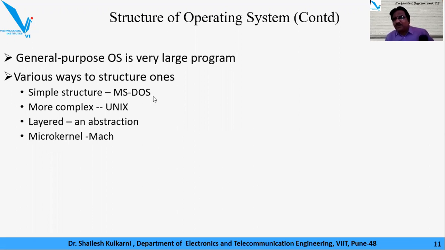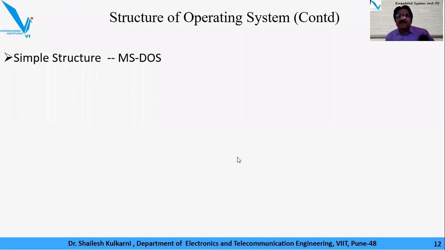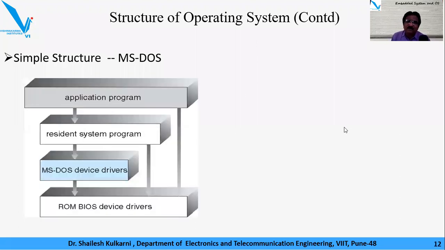Okay. So for the sake of completion, I have mentioned here 4 structures, but to be very honest, we are very keen on understanding more insights into the Unix-like, that is the Linux kind of operating system, and this microkernel operating system. Fine. So let's very quickly review the simple structure called MS-DOS.